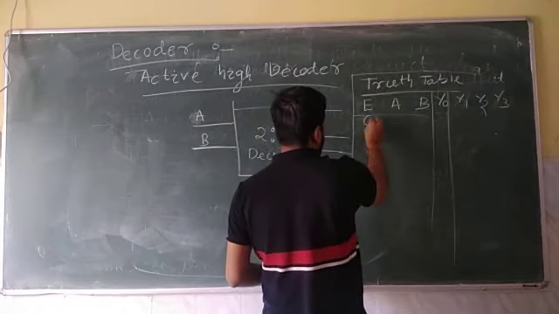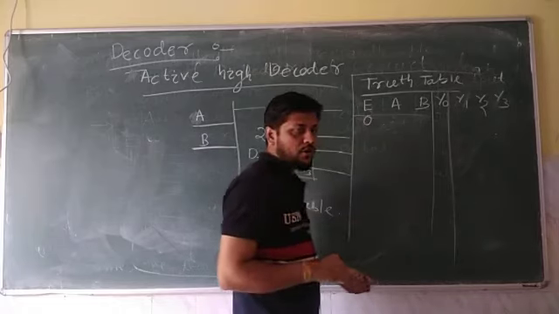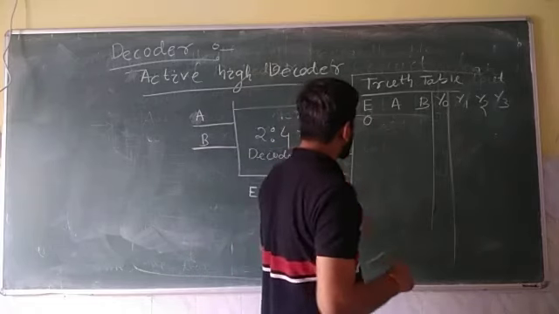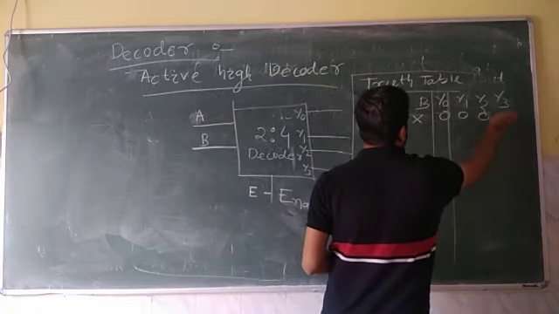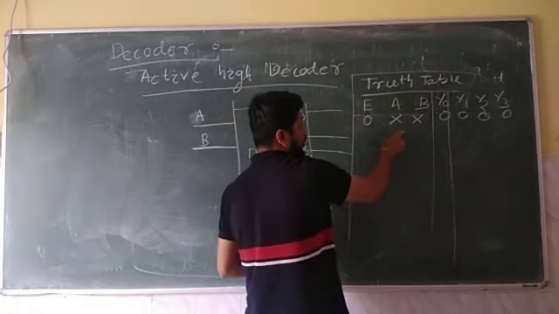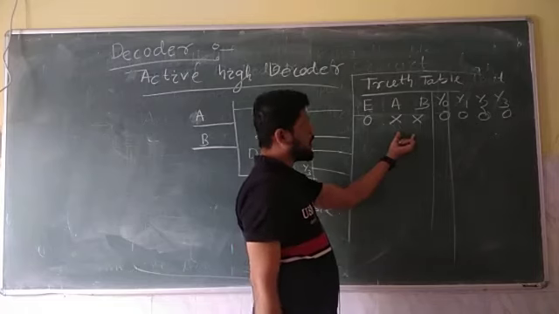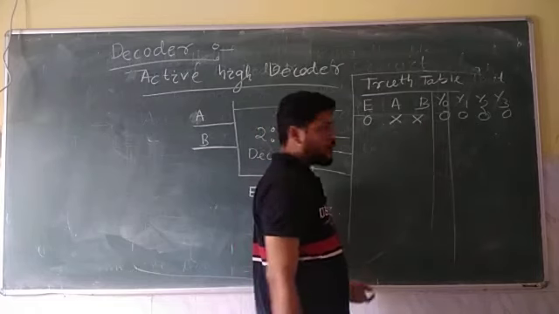When enable is 0, because this is an active high decoder, whatever may be the input, your output is 0, 0, 0, 0. The cross means don't care. Whatever the value of input, output is always 0.